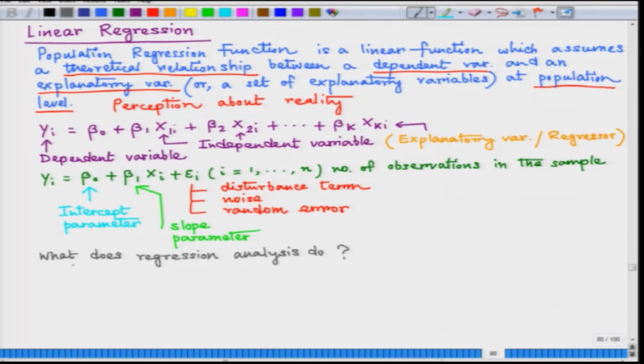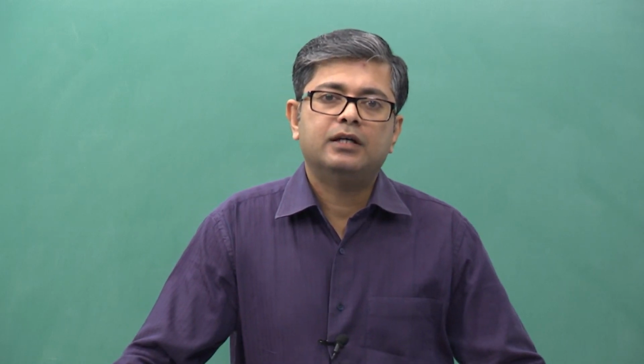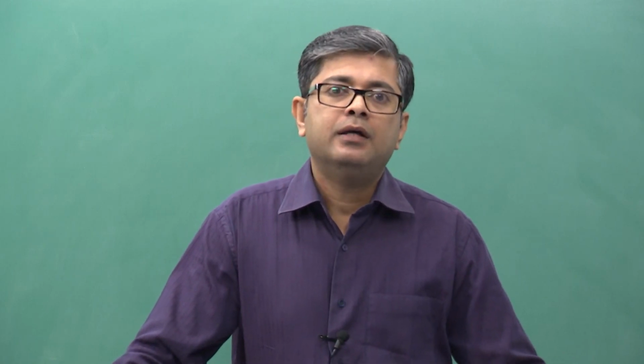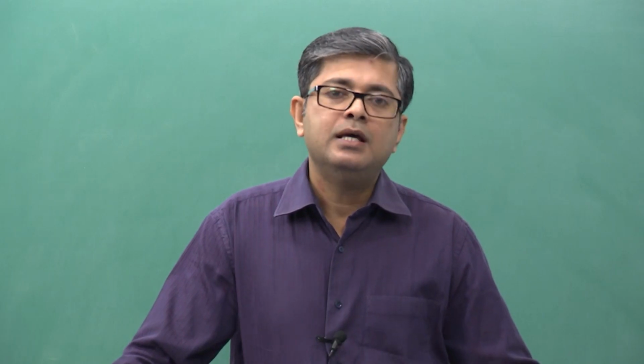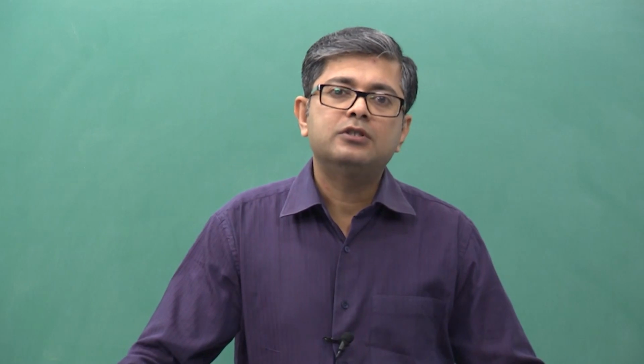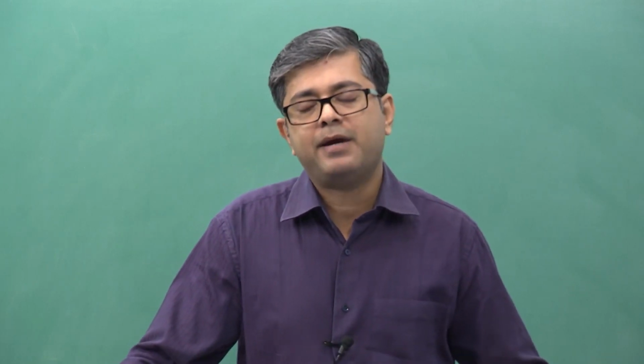So, now let me try to address what a regression analysis does. The population regression function talks about the true population relationship, or it is coming from some theory or hypothesis, but the problem is that we really do not know the exact values of beta naught and beta 1 and beta k if there are k explanatory variables.